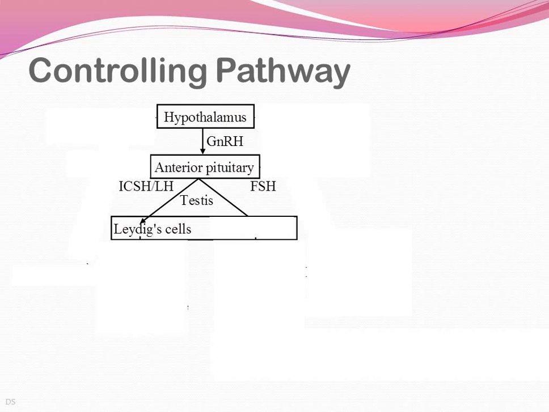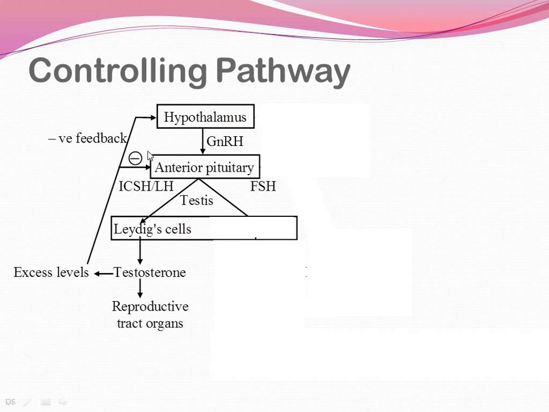ICSH acts on the Leydig cells, stimulating them to release testosterone. Testosterone is responsible for the development of primary and secondary sexual characteristics. When released in excess, it gives an auto-inhibitory mechanism, a negative feedback loop, which stops the release of ICSH and GnRH from the hypothalamus.